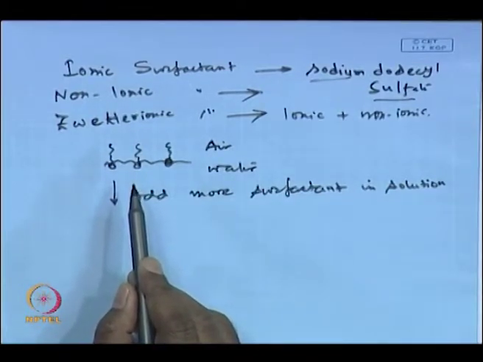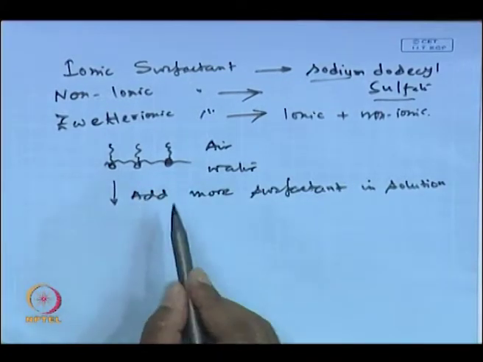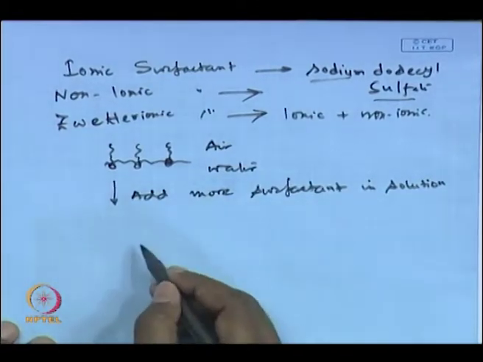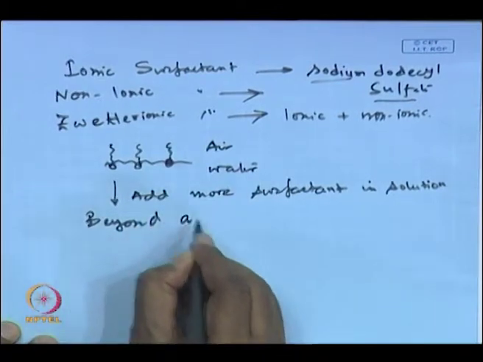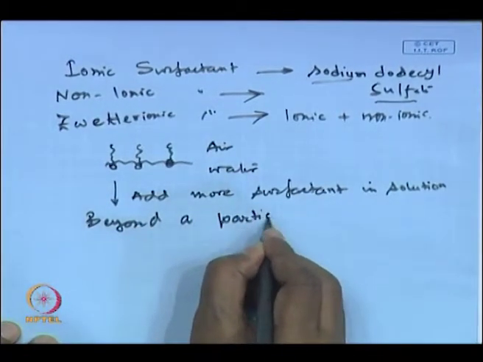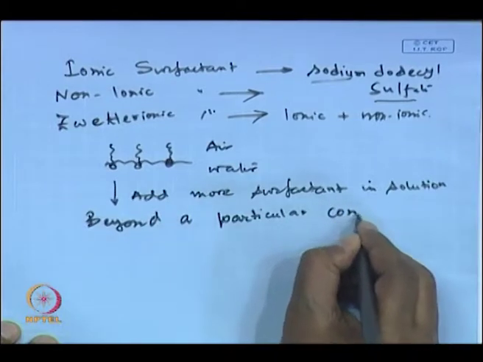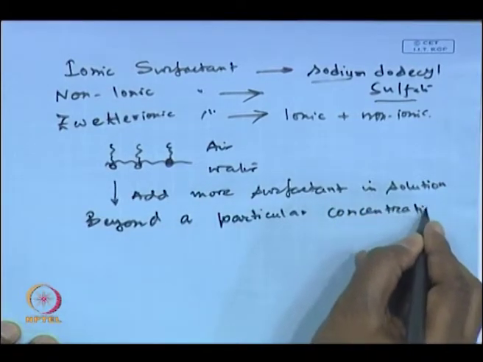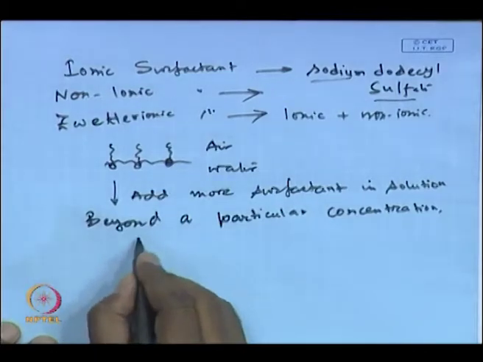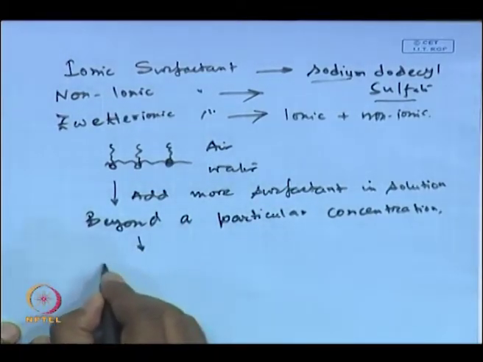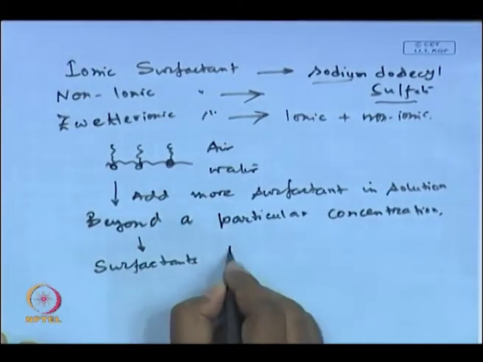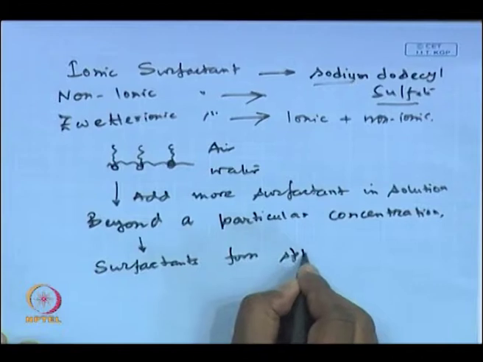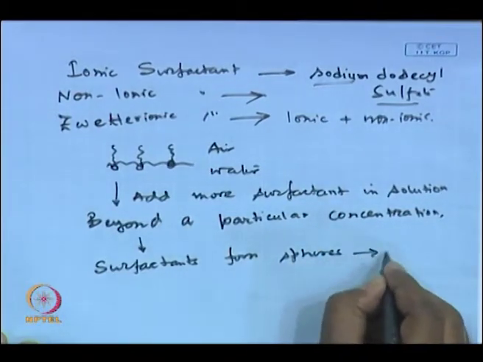What is that configuration? It is a sphere. So, if you keep on adding surfactant in solution beyond a particular concentration, these surfactants form a globule or a sphere. Surfactants form spheres known as micelles.